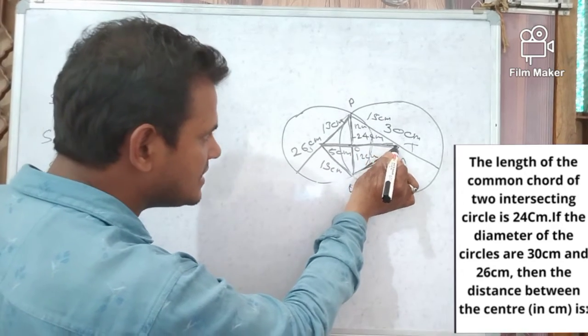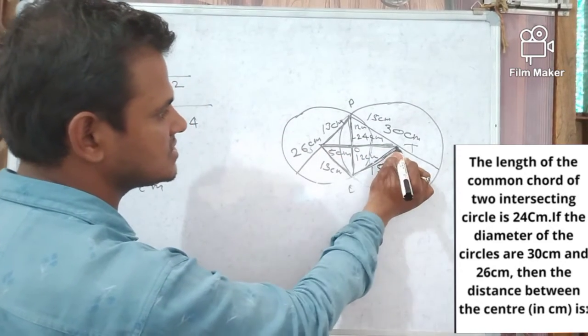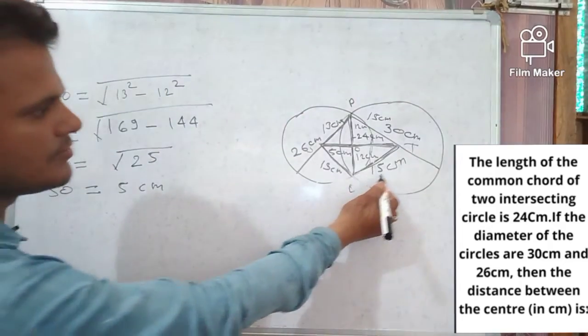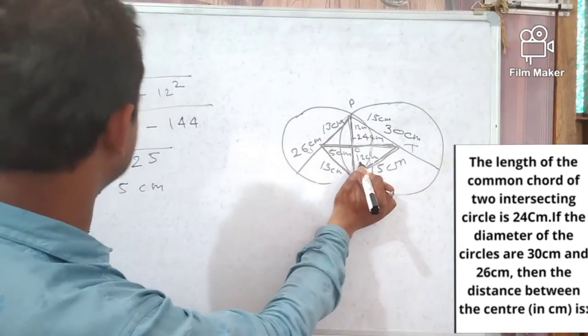Now we need the total distance, this center to this center. So see, like this, 15 square minus 12 square.